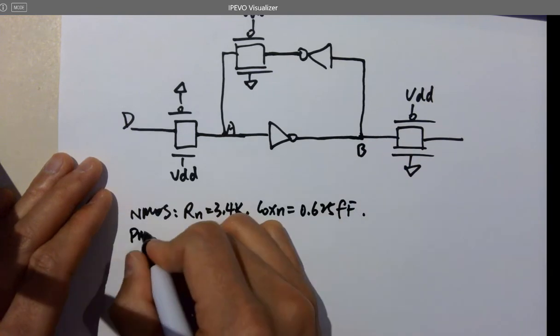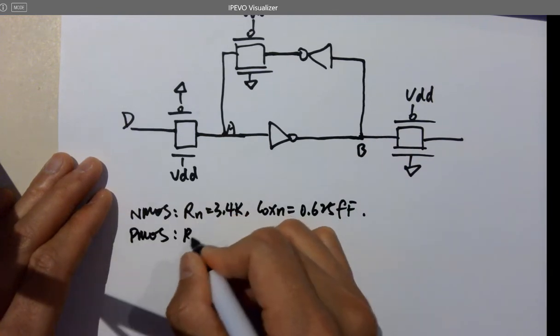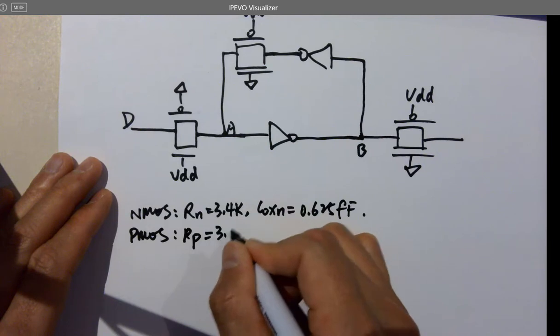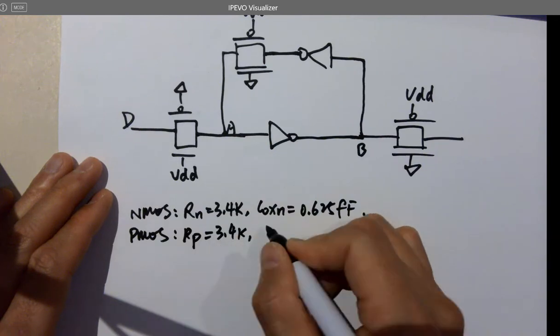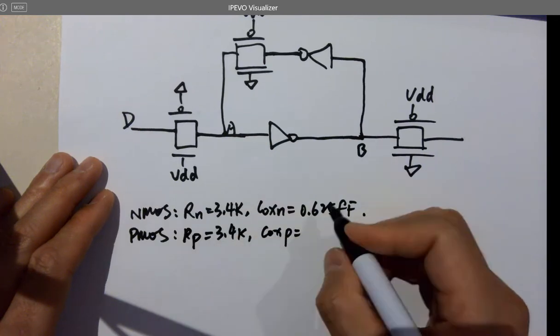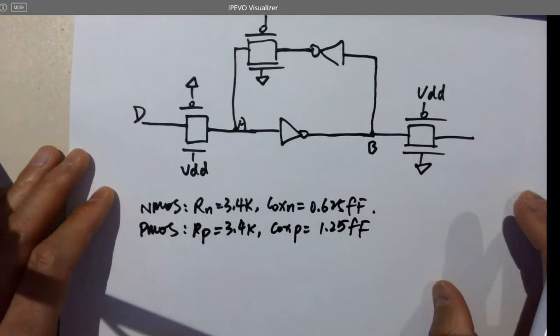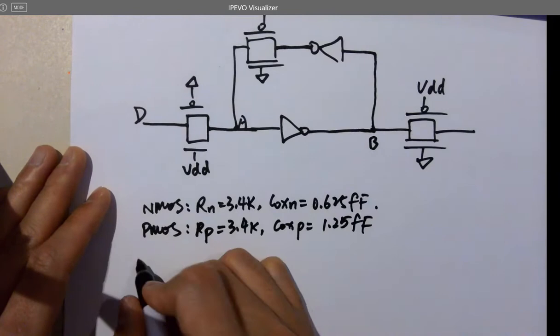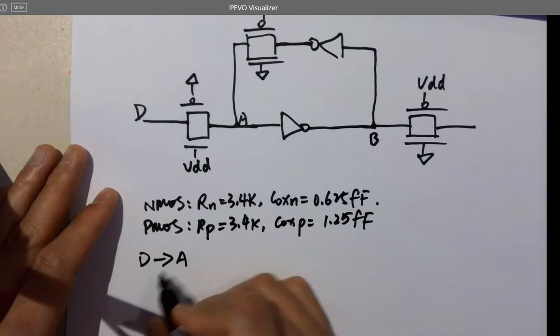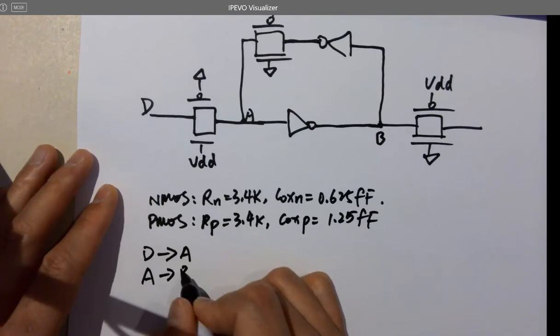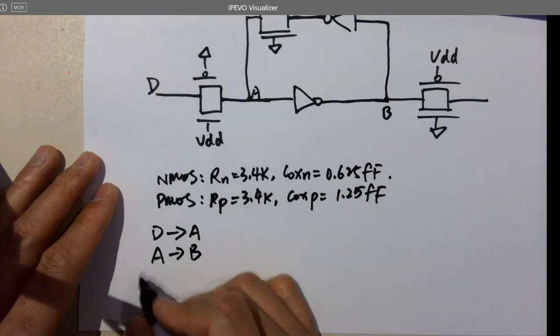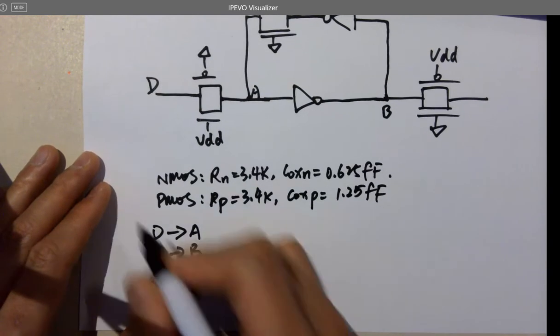For PMOS, our P is same as Rn, and Cox P is 1.25 femtofarads. So find out the time delay from D to A and A to B, and also D to B.